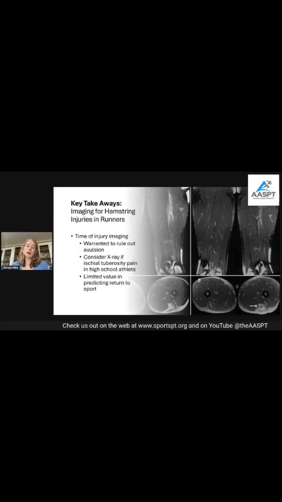But if it's a hamstring injury that you feel is within the muscle belly, maybe less severe, and you can manage that conservatively, imaging may not be appropriate in that case, as the predictive value of hamstring strain injuries using MRI is not as strong as we would like.